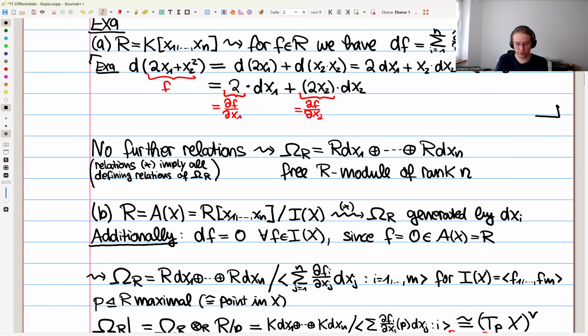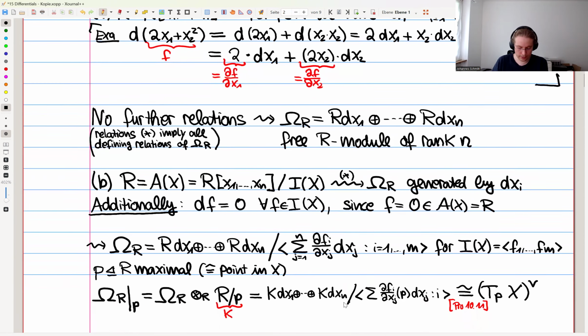If you expand them, then you get these equations, and this is in fact sufficient. So you just impose these extra conditions, and then you're good. So somehow this omega R will be a quotient of this free R-module by finitely many elements, like this.